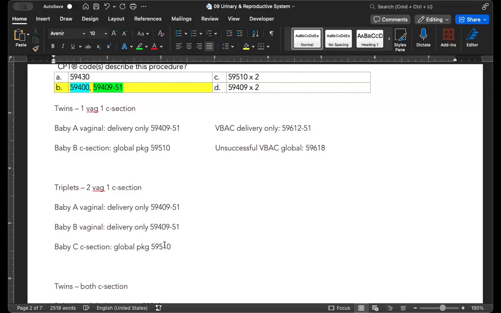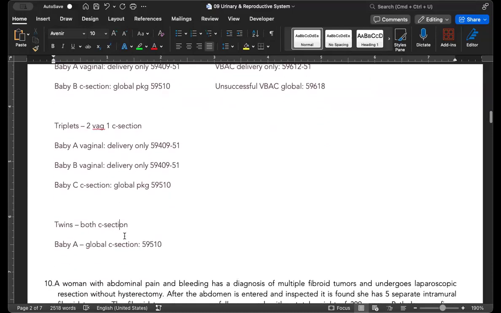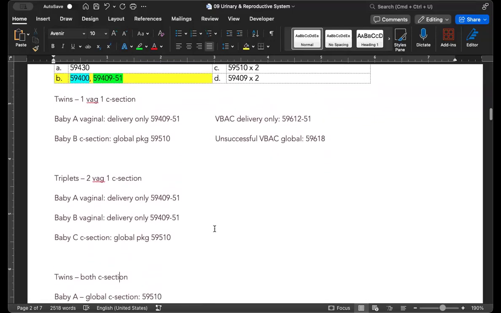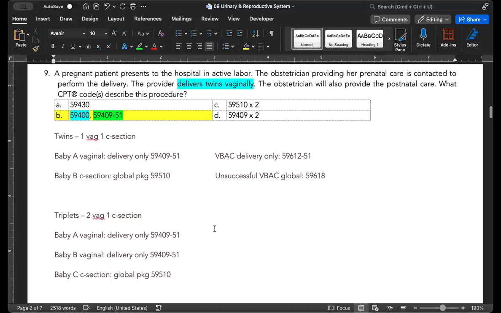Usually there's not too many things you have to fight with multiple gestations unless they're all C-section and there was a lot of work that went into it for whatever reason. Good questions, good conversation. Like I said, pregnancy is always one of those that either you hate it or you finally get the hang of it and you're good.